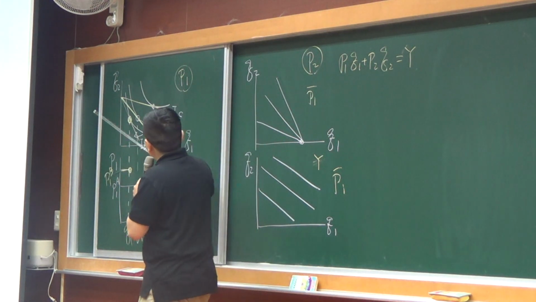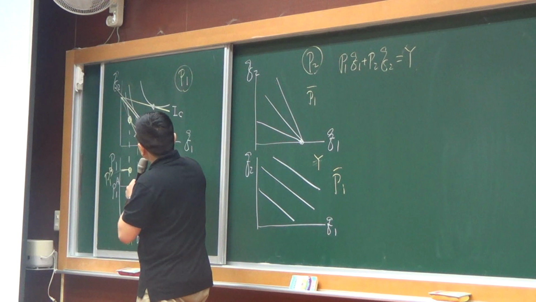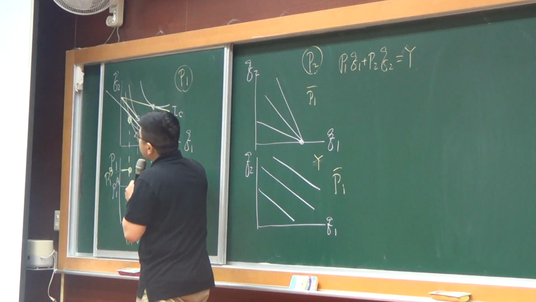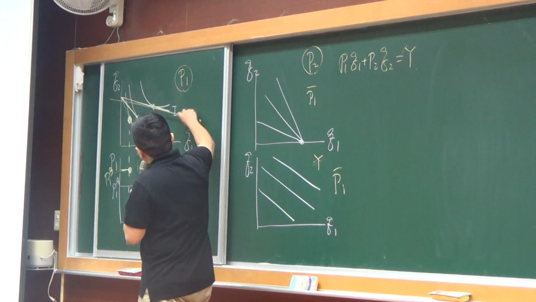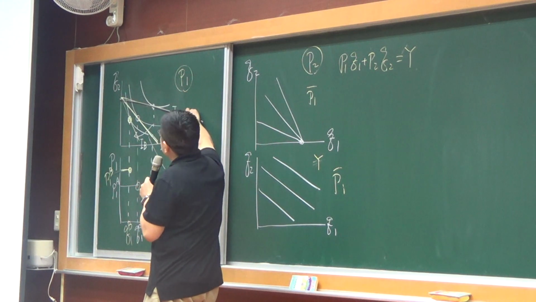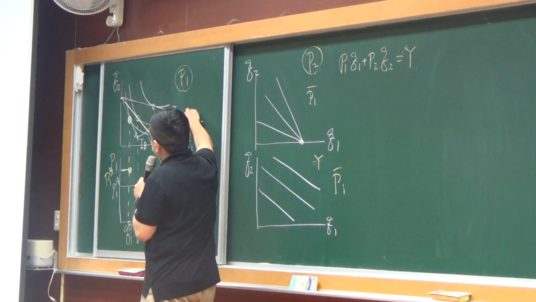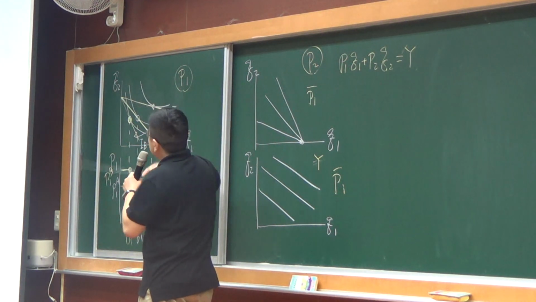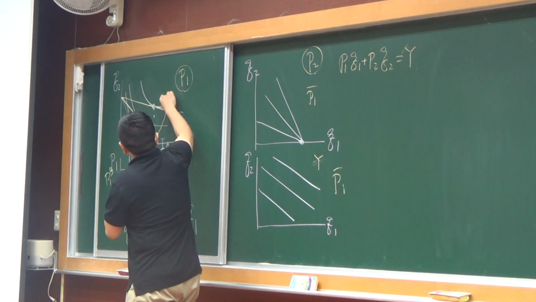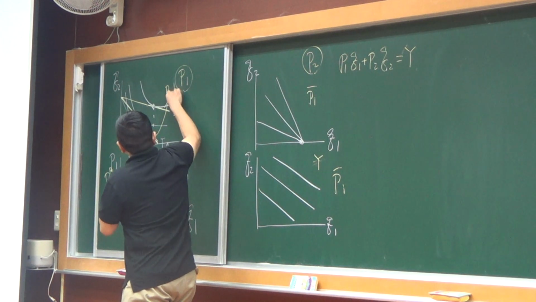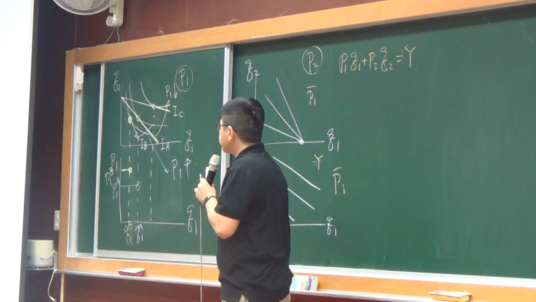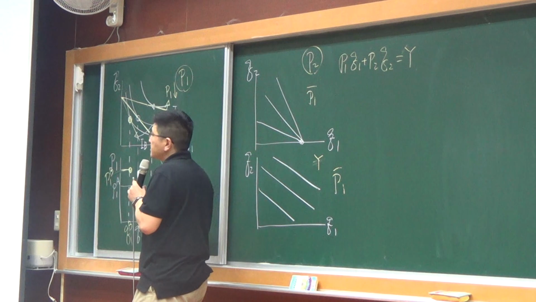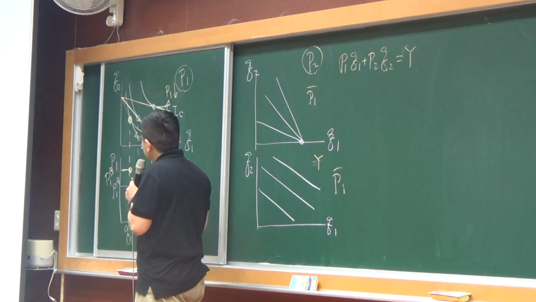And on the contrary, sorry, on IC, the price for P1 must be lower, right? So in this case, P1 decreases. The price of good one just dropped.